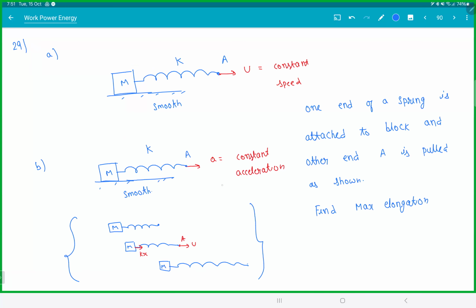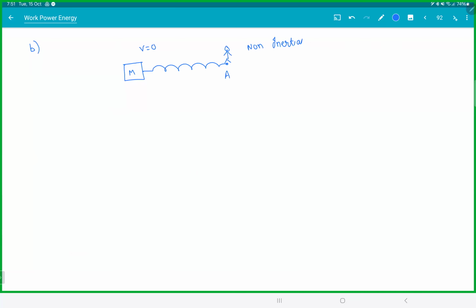In the second case, A is at rest initially. But now you will get a pseudo force MA. So this person will think the pseudo force is dragging you M. It will stretch till here.